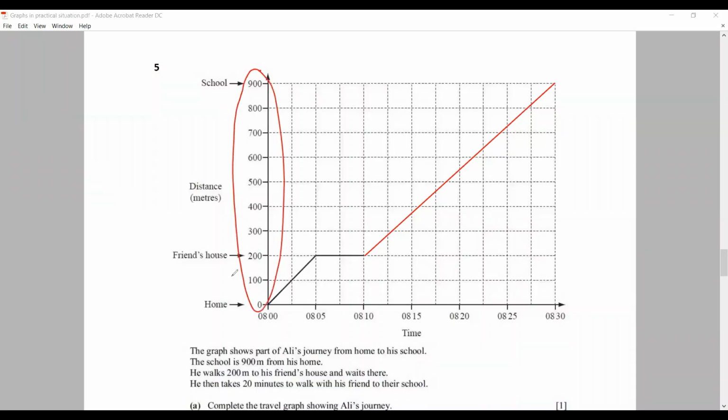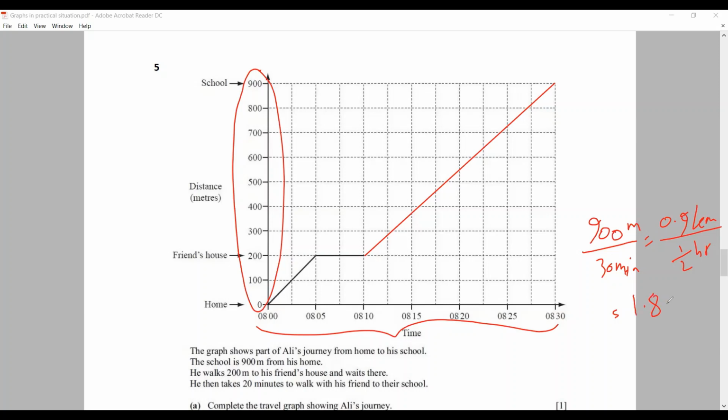So we know there is 900-meter distance between his home and his school. That goes here in the numerator, distance over time, and the time is basically 30 minutes. Since they want it in kilometer per hour, I'm going to convert this to 0.9 kilometer. 30 minutes is half an hour. So if you calculate this, you get 1.8 kilometer per hour.